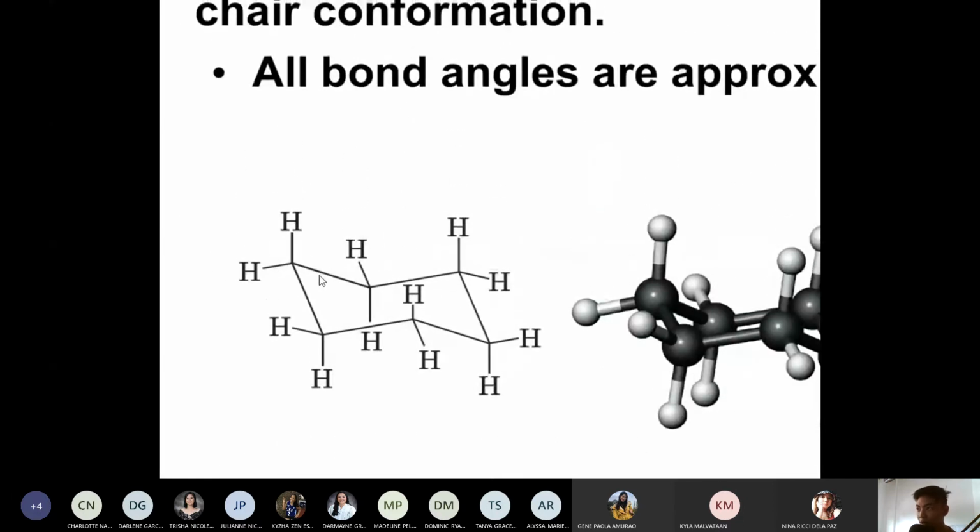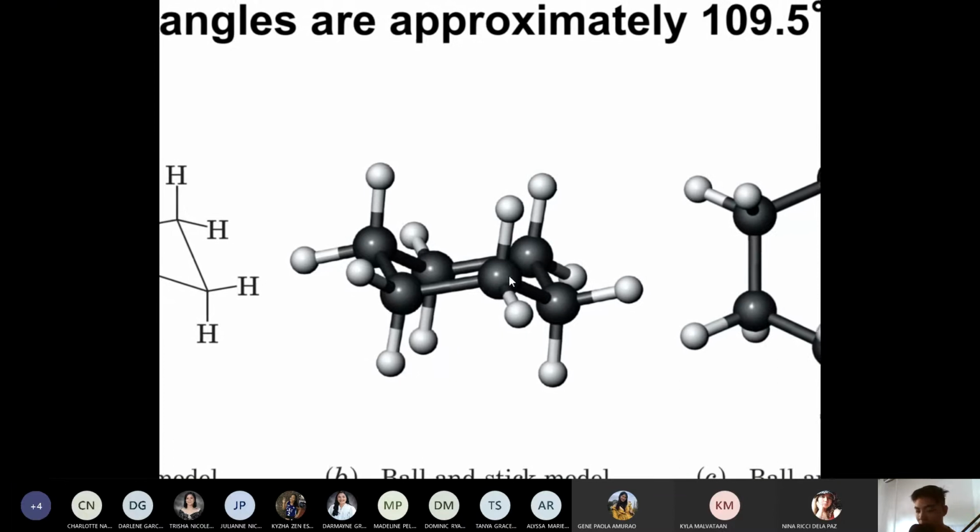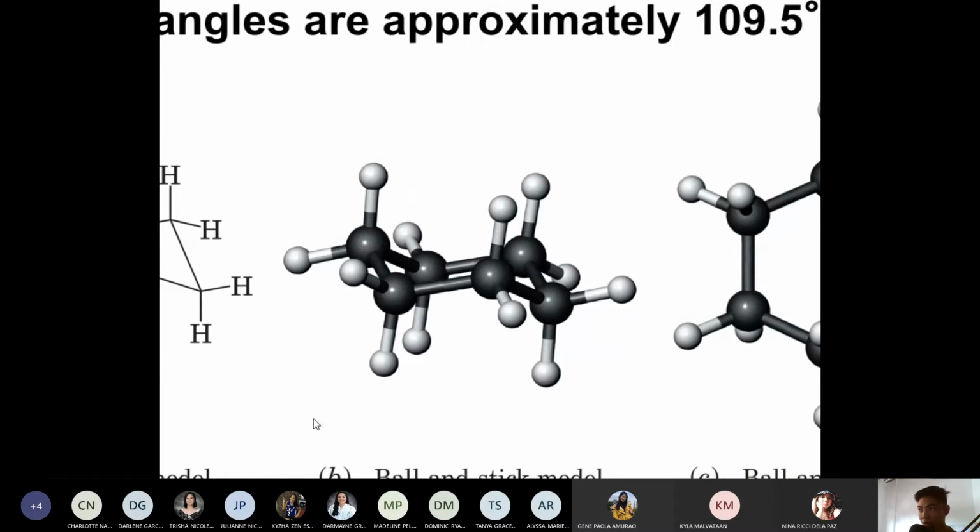So, mapapansin nyo, alternating yung carbons dyan. Meron sa taas, meron sa baba, meron sa taas, tapos dito naman sa baba, meron sa baba, taas, baba. So, they are alternating, no? And if you draw its 3D structure, ito yung actual model niya. So, your carbon sa taas, may dalawang carbon sa baba, dalawang carbon sa taas, isang carbon sa baba. So, alternating sila.